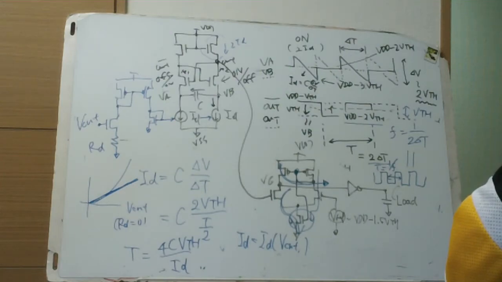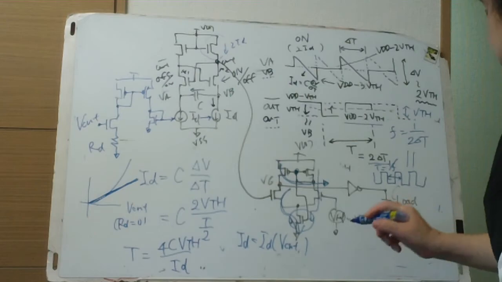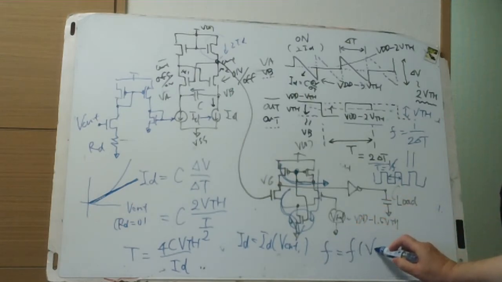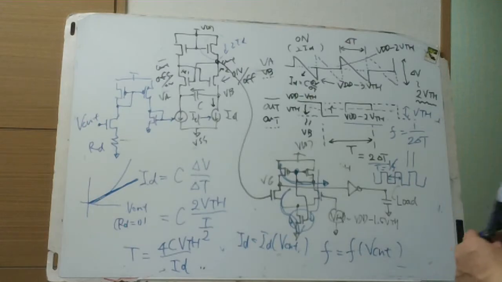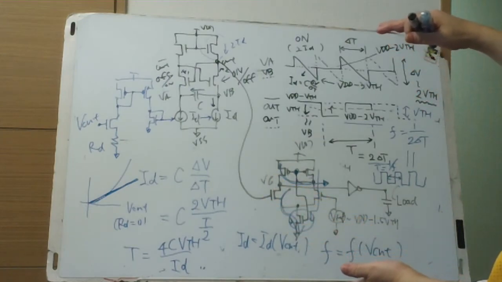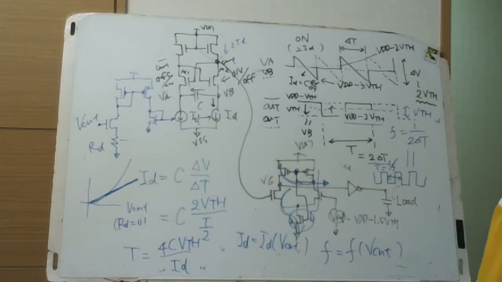So the frequency is a linear function of V cont in some voltage range, in some minimum to maximum frequency range.